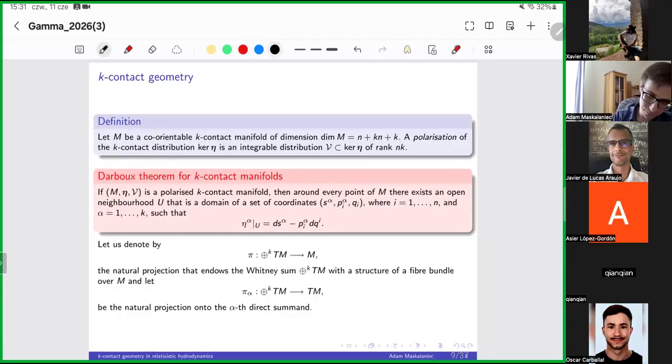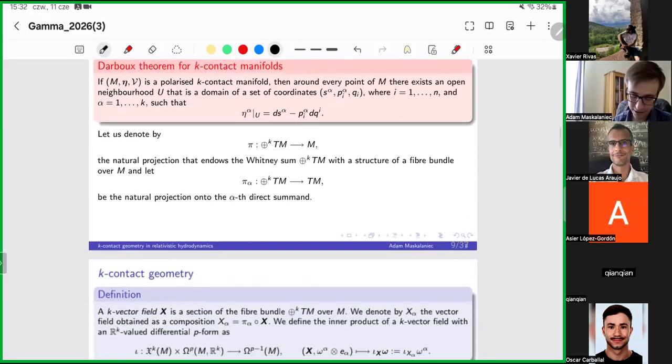So in my presentation, this pi will denote the canonical projection from the kth direct summand of the tangent bundle of M to M. And moreover, this pi with this lower index alpha will denote the projection from this direct sum onto its alpha direct summand.